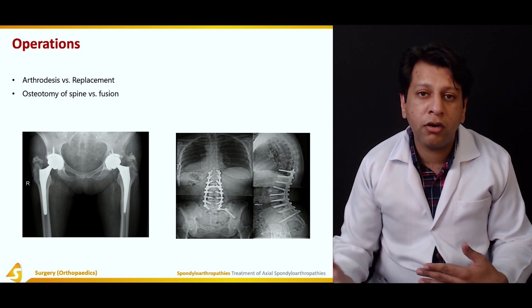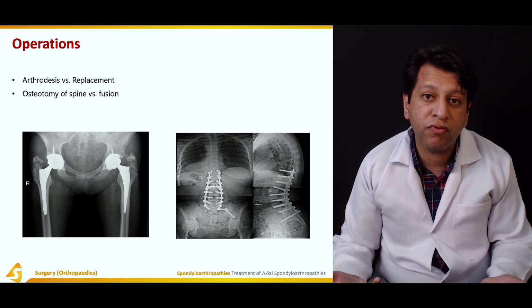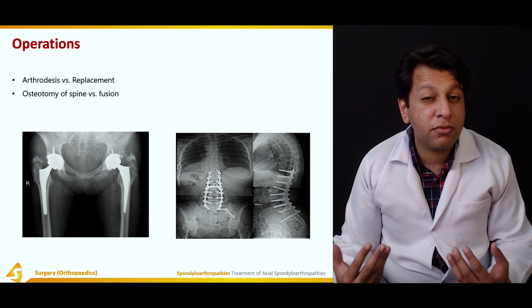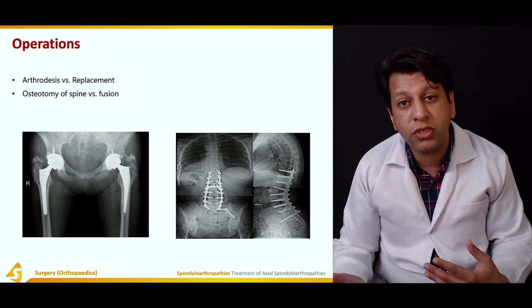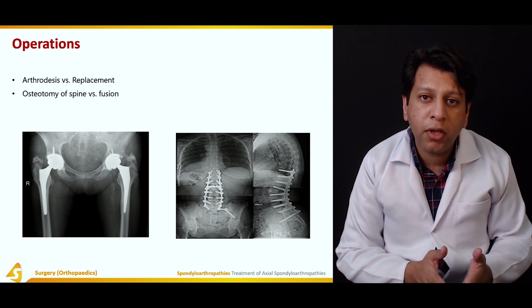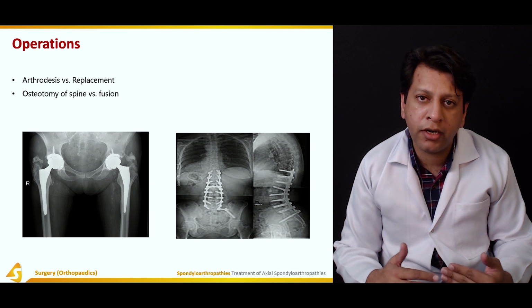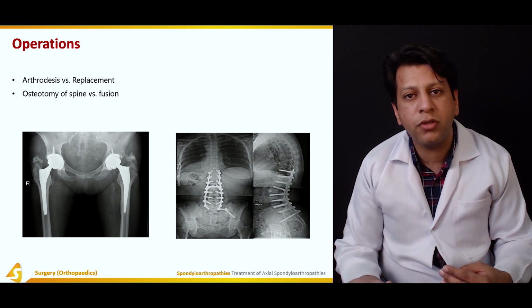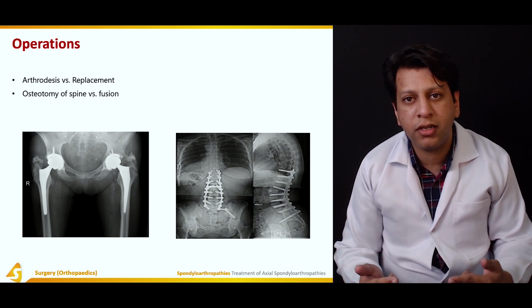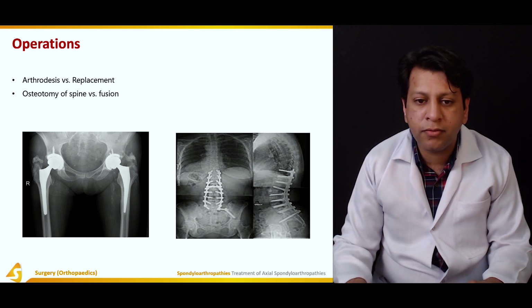So we cannot risk laceration, a complete cutting of the spinal cord, at the cost of movement. But sometimes it depends on the situation and whether the patient would be fit for osteotomy, that is, cutting a wedge out of the spine so that it can be straightened, or would require a fusion, that is, putting screws at the back of the spine and fixing it in a certain position.